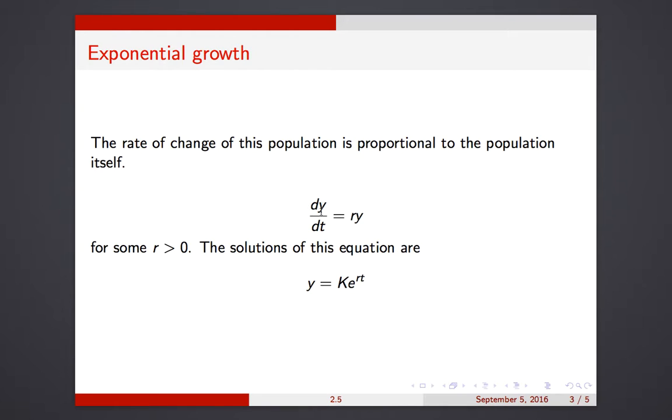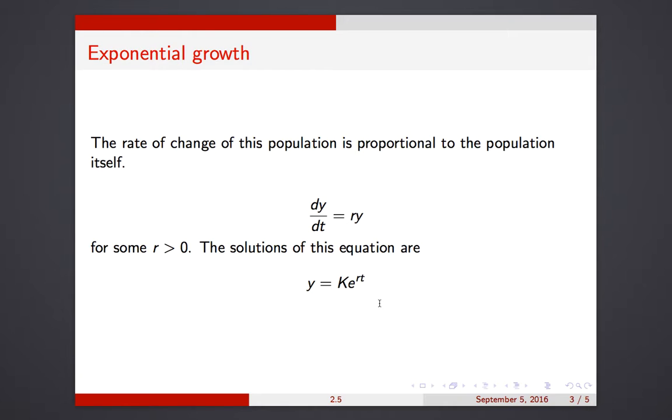Proportional to means basically equal, but you pick up a proportionality constant that's positive in this case. So what you're really saying is, find me functions whose derivatives are basically themselves, except you pick up a constant coefficient, and the solutions are exponential, as the name might suggest.